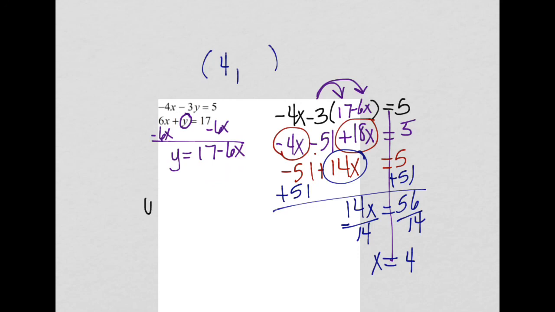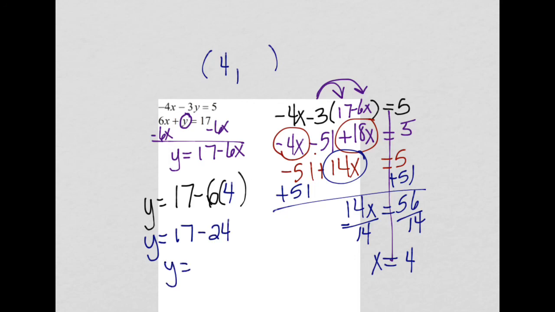So I keep my y equals 17 minus 6 times whatever x is. Well, we already found x to be 4. So now I just have to put this in my calculator. If I put it in the exact way I see it, it'll give me my answer. So y equals 17 minus 6 times 4, which is negative 24. So y equals 17 minus 24, which is negative 7.